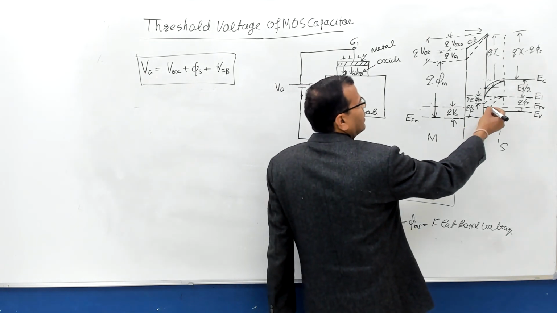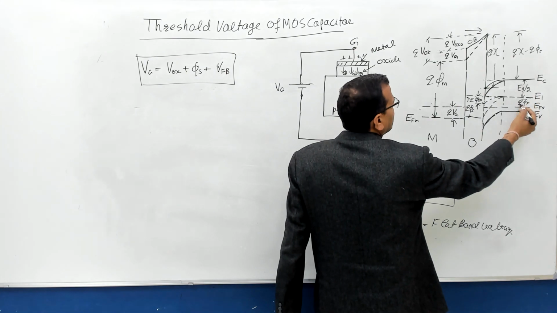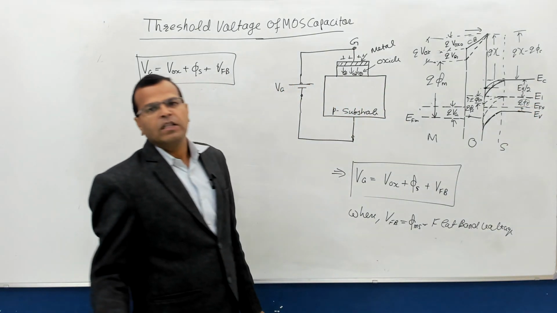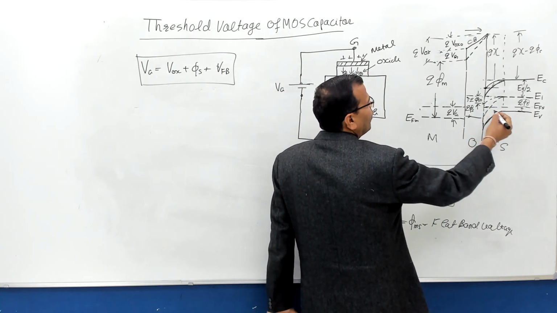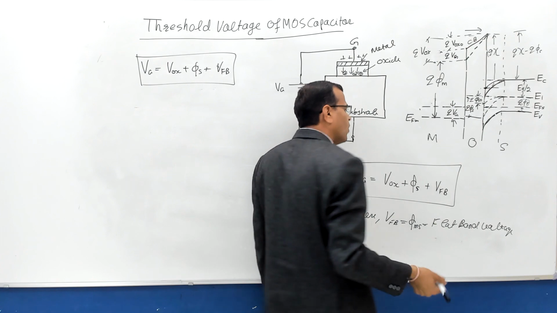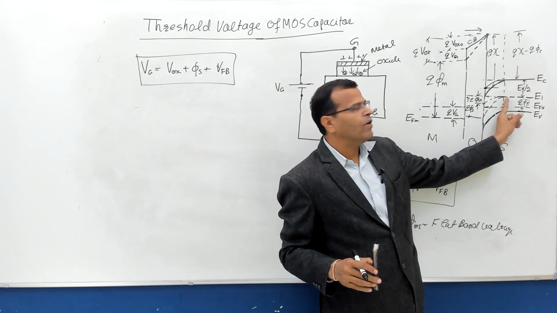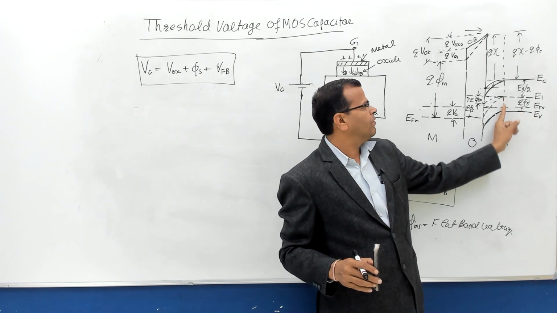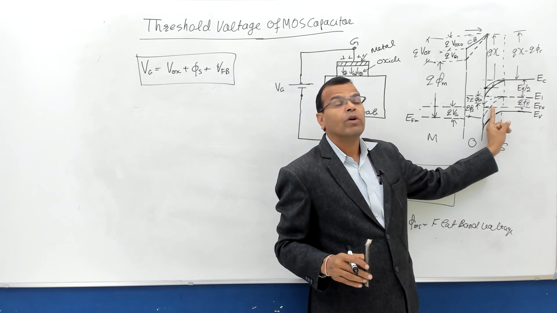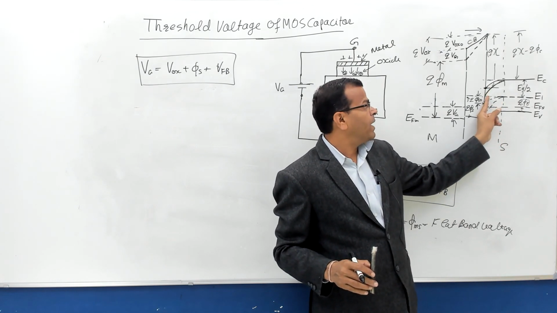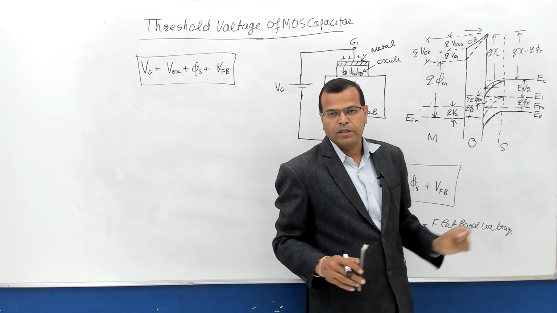But when this surface potential becomes 2 times phi f, the intrinsic level falls below EFS. Or I repeat, when the intrinsic level of the semiconductor falls below the actual Fermi level, what will happen? The conduction band comes closer to the Fermi level as compared to the valence band.